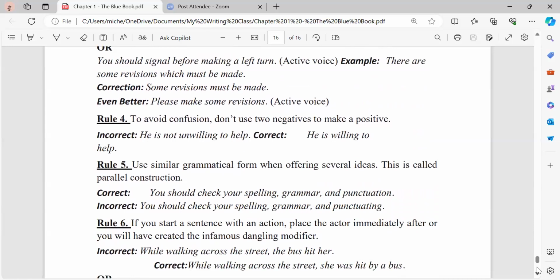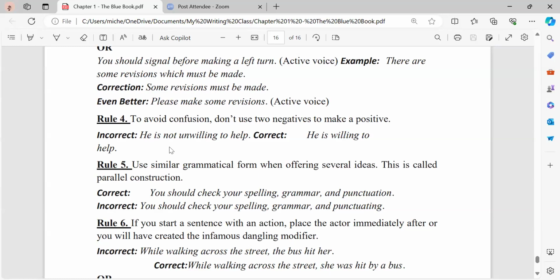And then rule number 4, to avoid confusion, don't use two negatives to make a positive. So "he is not unwilling to help." Now, this is incorrect because it sounds confusing. Two negatives. If it's a negative form, you can just say "he is unwilling to help" instead of "not unwilling to help."